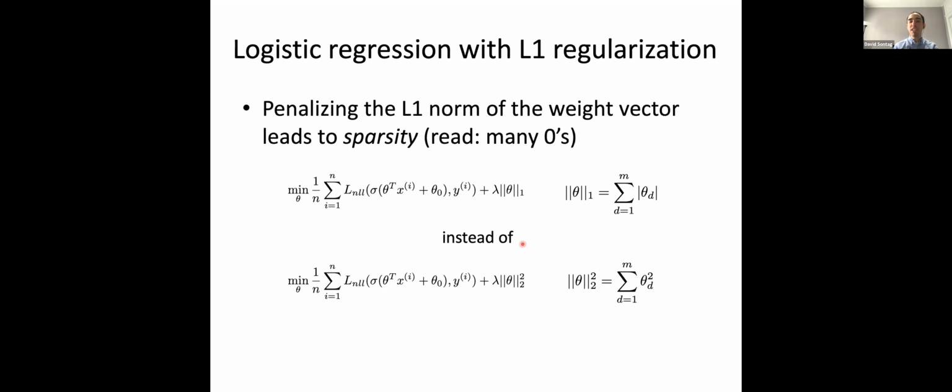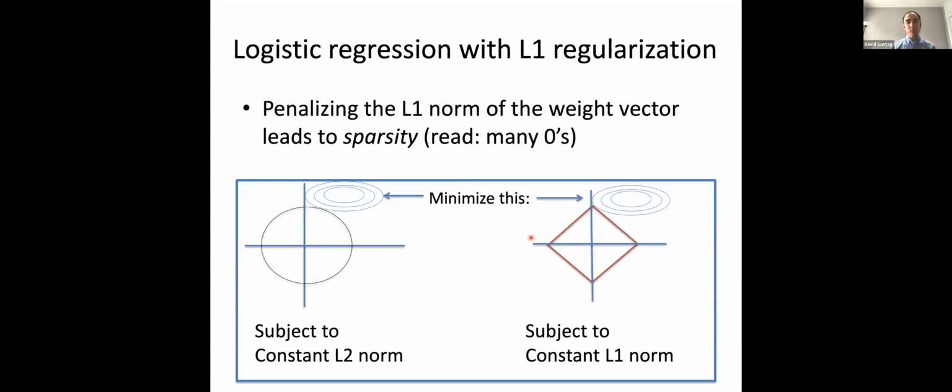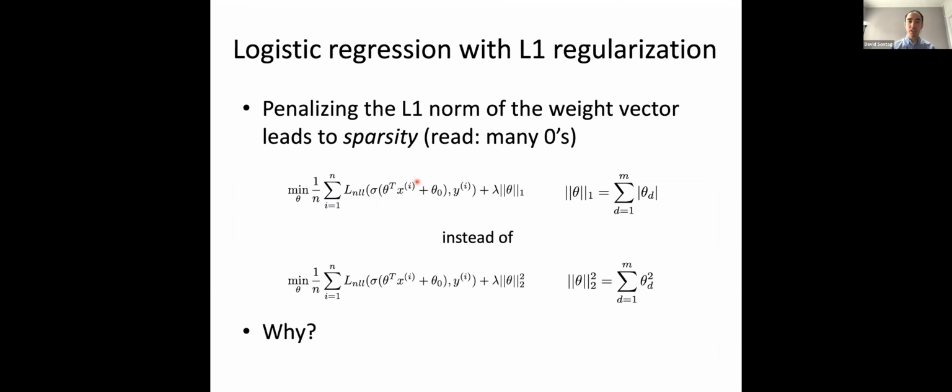Now, intuitively, the reason why using this L1 norm results in a sparse weight vector is because, when you're minimizing that objective function, you can think about the first term, this negative log likelihood, as some convex function. It's a convex function when we're using a linear model, as we are here.